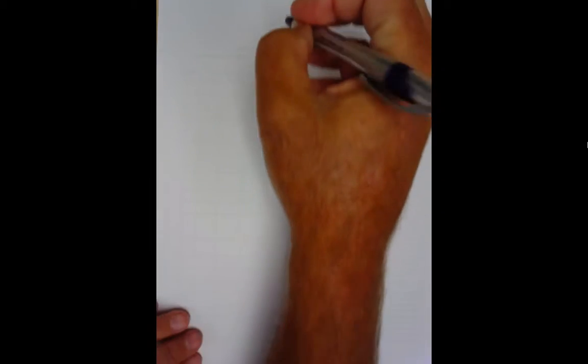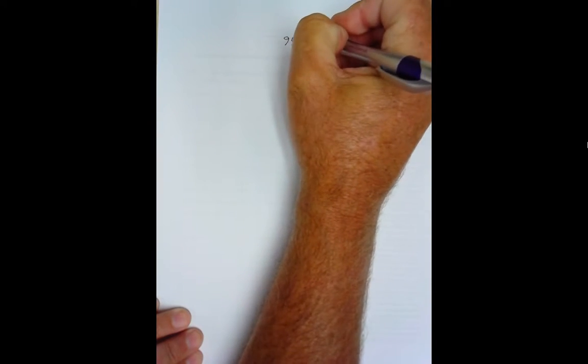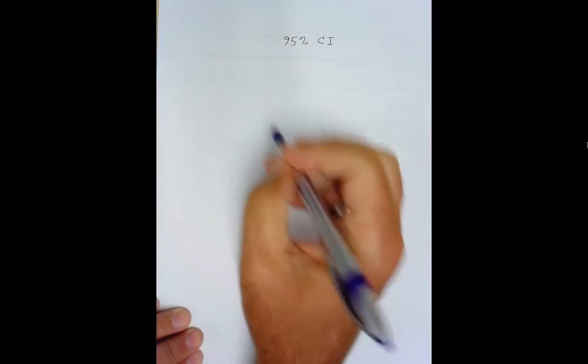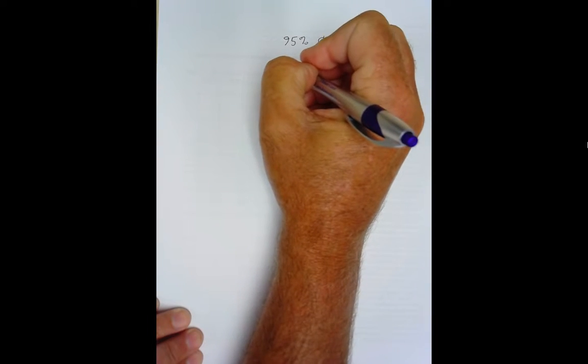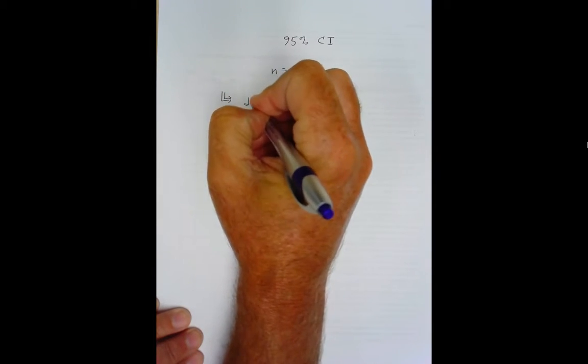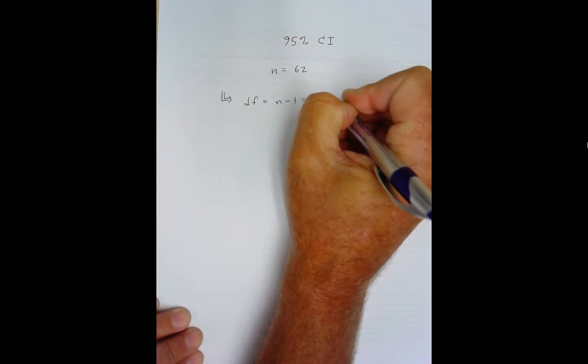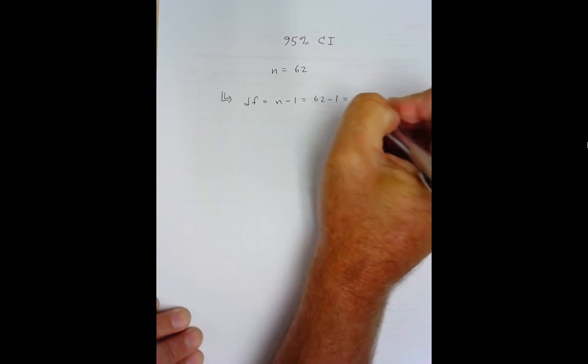Now, as an illustration of that, let's say we want to construct a 95% confidence interval, and let's say that we have a sample size of 62. Well, if the sample size is 62, then my degrees of freedom, which is n minus 1, which will be 62 minus 1, would be 61.